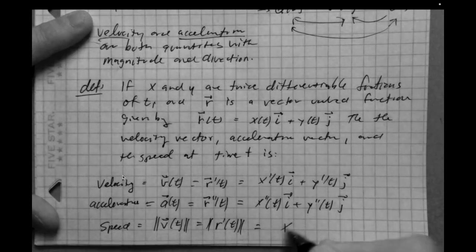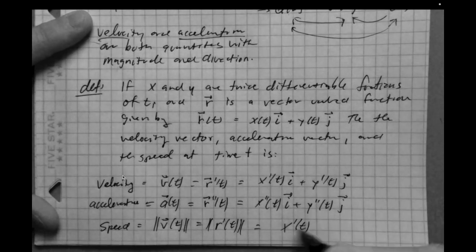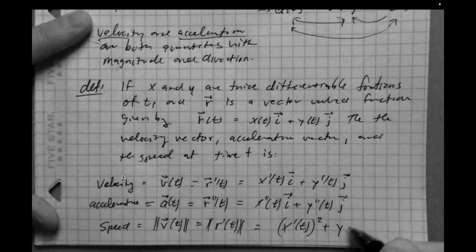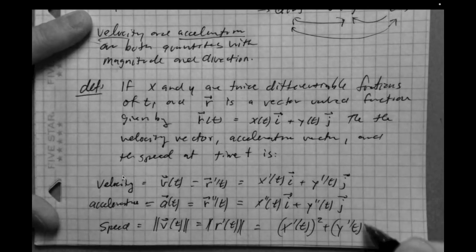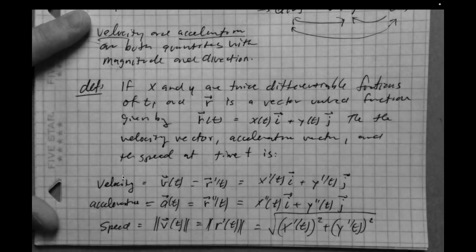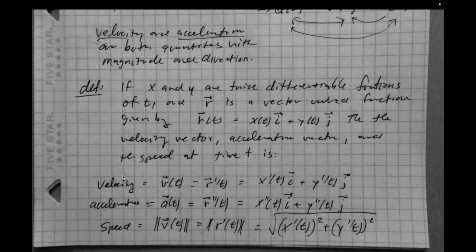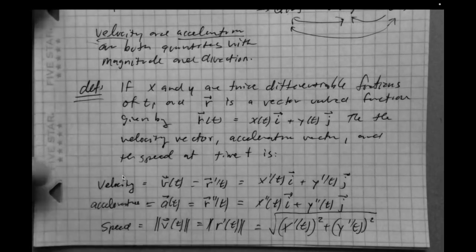We know how to calculate that. It's going to be x prime of t squared, plus y prime of t squared, and take the square root. All right, so there we go. So that is velocity and acceleration. So that's kind of the definition here.